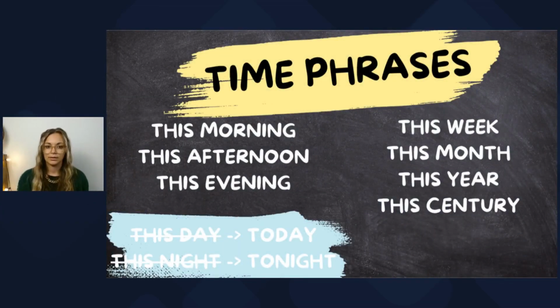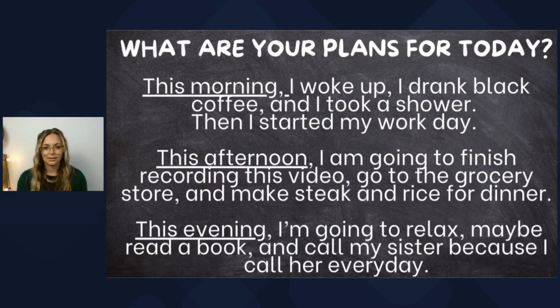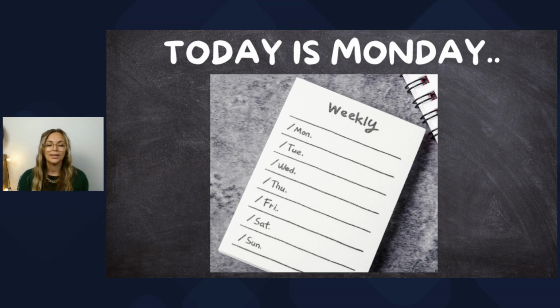To make it a little bit easier, let me get my slides out. For example, today is Monday. So yesterday was Sunday. Tomorrow is Tuesday. I can refer to yesterday, Sunday, as this week. I can also refer to tomorrow as this week.